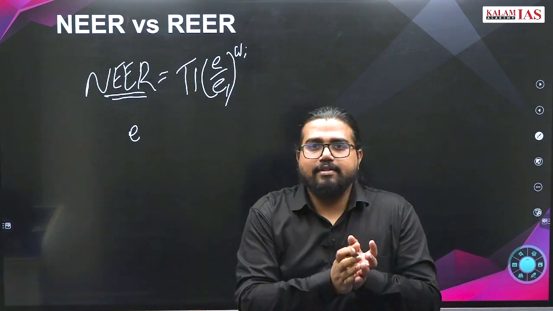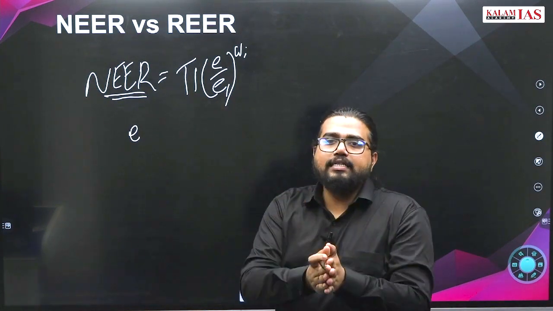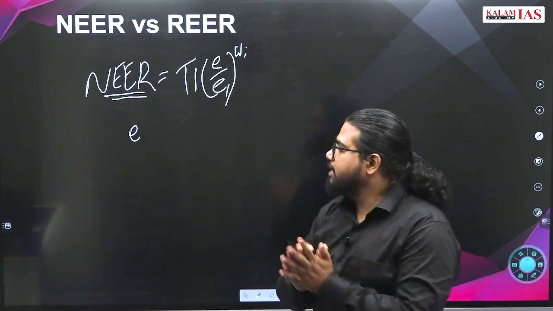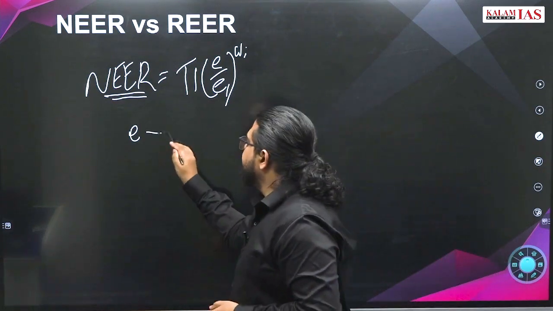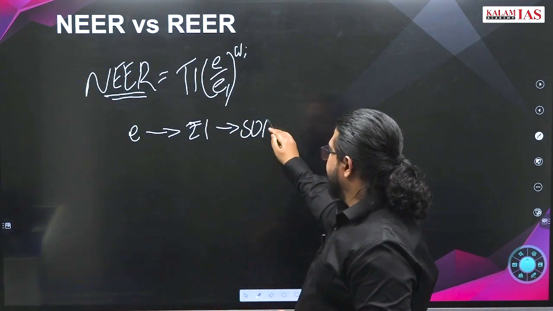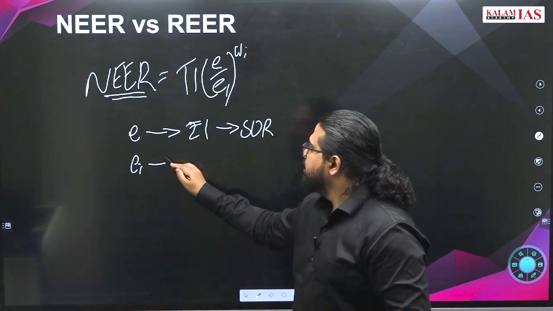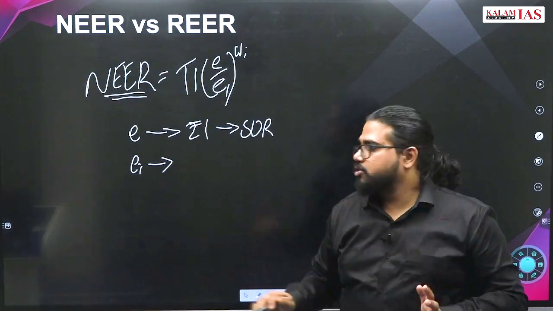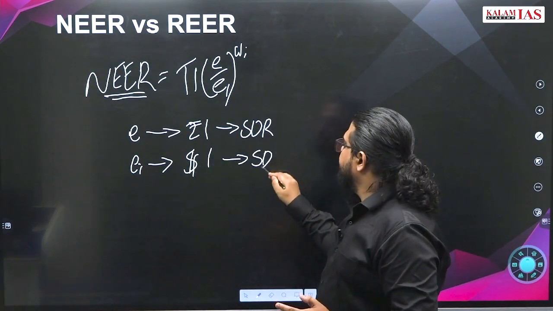So if you're building an index to compare two currencies, you need some intermediary good. Here in the calculation of NEER in the Indian context, the intermediary good is nothing but the IMF's SDR. Now E is by spending 1 rupee, how much SDR you can get. Similarly, EI is, suppose we are taking the NEER with respect to the dollar, by spending $1, how much SDR you can get.